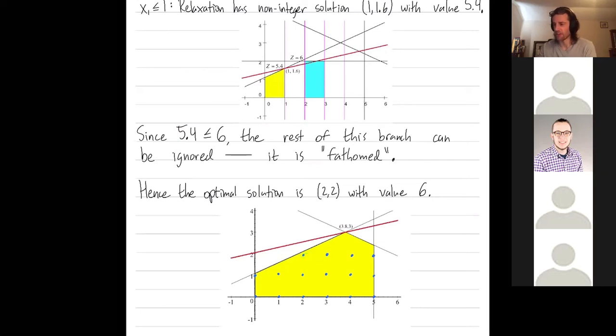But through this method of cutting iteratively, we've proven that this is our best solution. So in general, exploring these trees can really speed things up, although in the worst case, you might have to explore every branch and leaf of that tree, and it can take a while if you're unlucky.